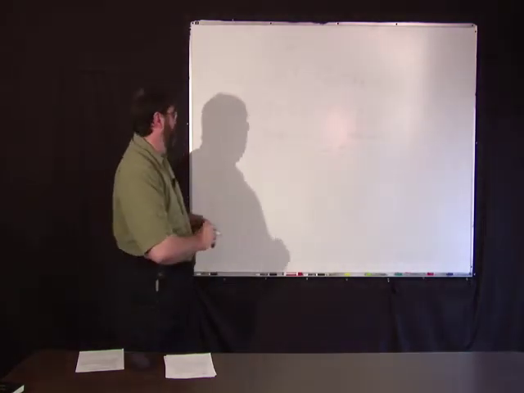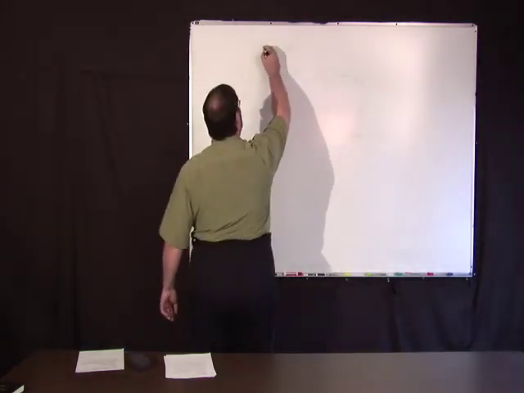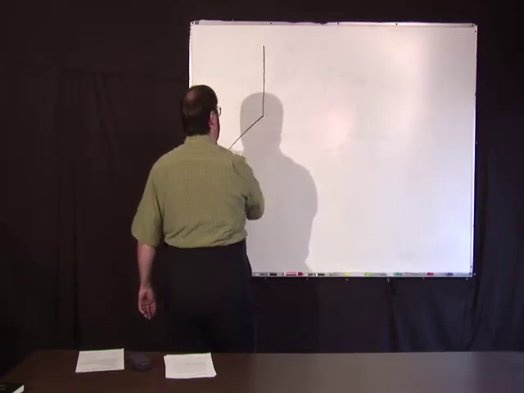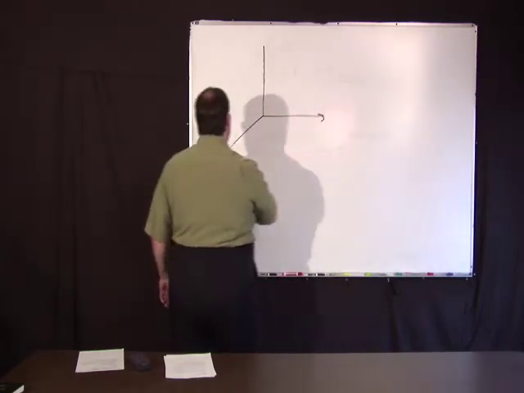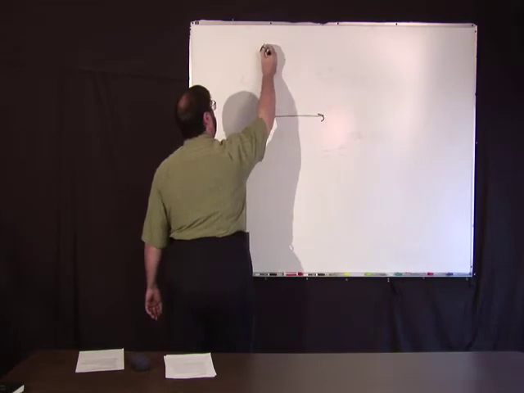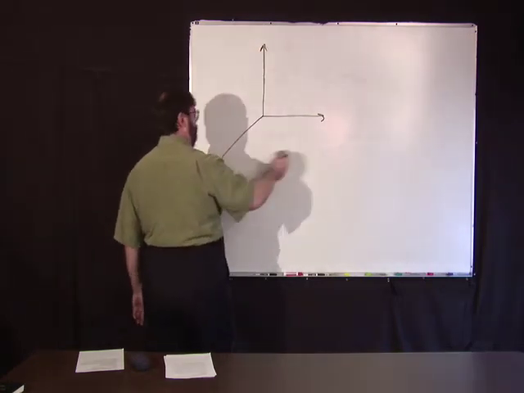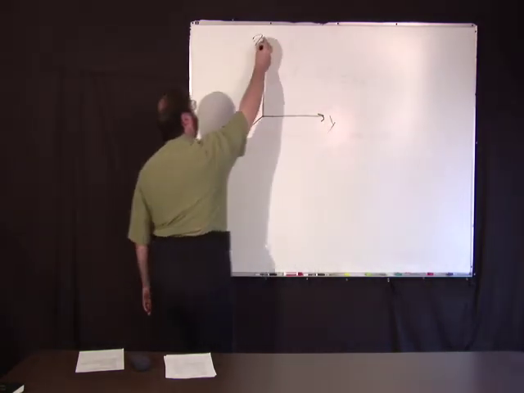Okay, in 3 dimensions, you have some sort of coordinate system. Let's say 3. And you need 3 numbers to specify a point in a 3-dimensional space. Let's say x, y, z.